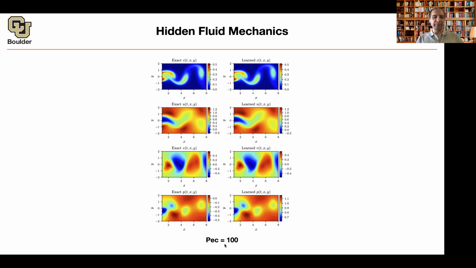We said, okay, let's try to test this idea. Let's say this is your data. Given that data and assuming that you know Navier-Stokes, let's go ahead and try to back calculate the velocity and pressure. But we were predicting the future, and we didn't want the method to be dependent on the geometry.